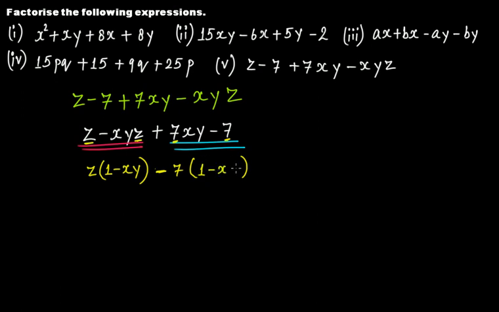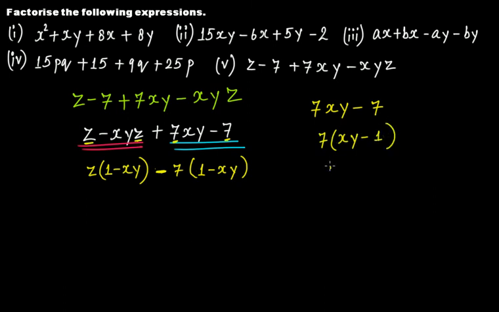If you take minus outside, this will become 1 minus xy. How? 7xy minus 7, right? So basically what we have done, we have taken minus 7 outside. Let's first take only 7 outside. So this is 7 times xy minus 1, right?